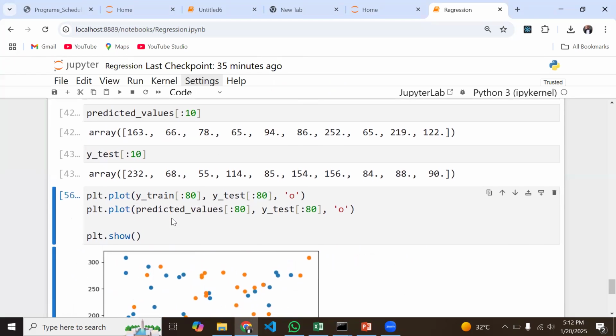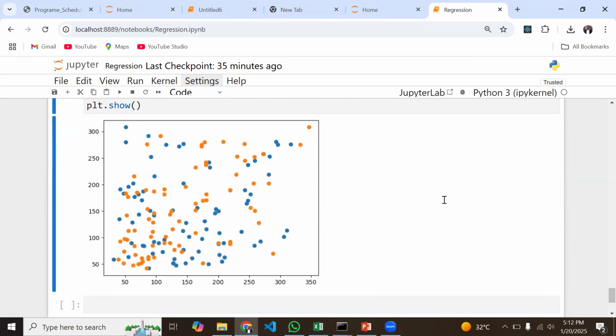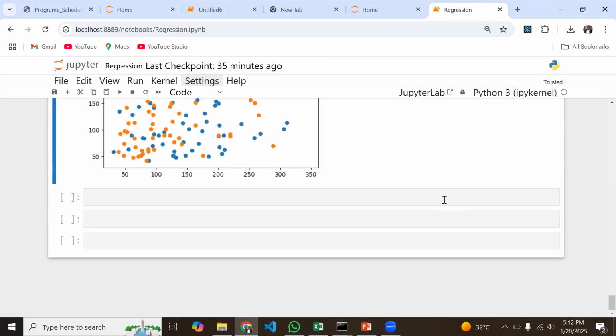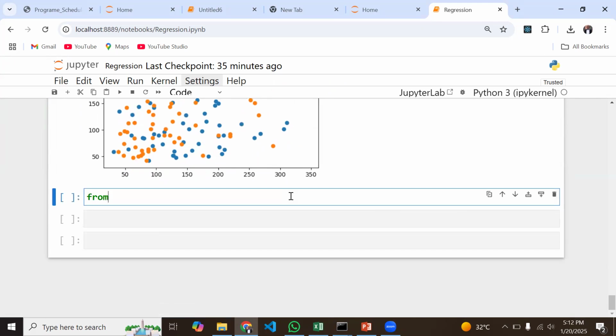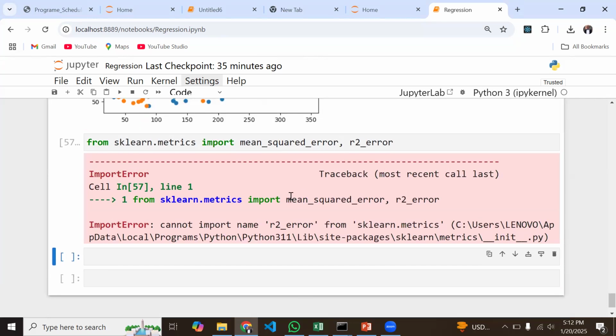Now, what I want to show is also the mean squared error and the R squared error. These are things we spoke about the last time. So what I'm going to do is say from sklearn.metrics, I want to import the mean squared error and the R squared error this way.